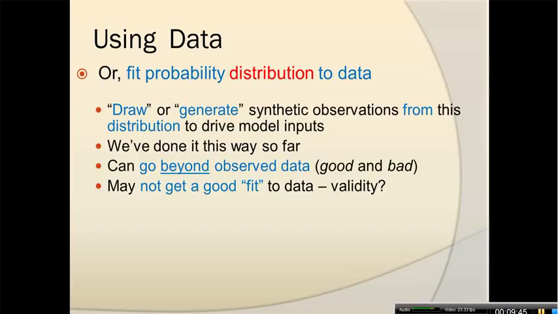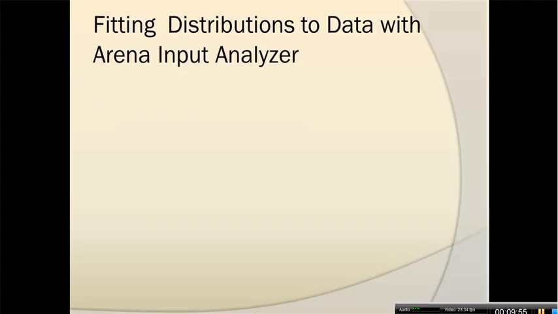So it might not get a good fit of the data, and that would generate some concerns in terms of validity of your model. To do some of the fitting of the distributions, we could use this tool in Arena known as an input analyzer.